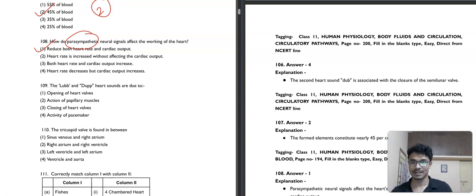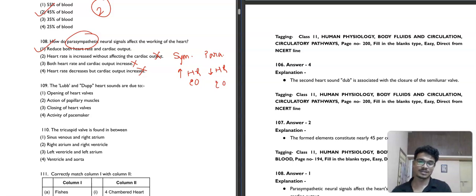So one thing you can remember for sympathetic and parasympathetic: sympathetic increases heart rate as well as cardiac output, then parasympathetic decreases heart rate and cardiac output.